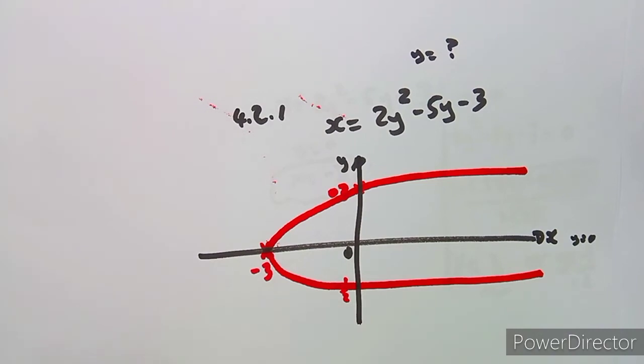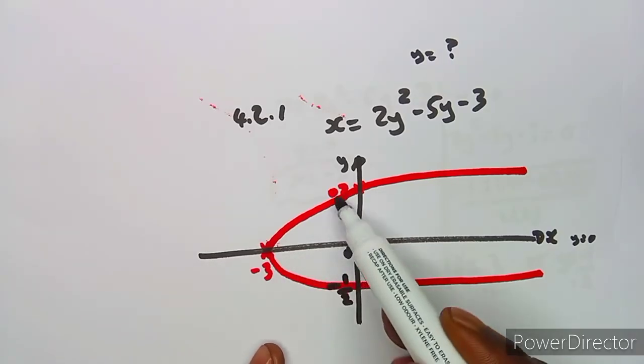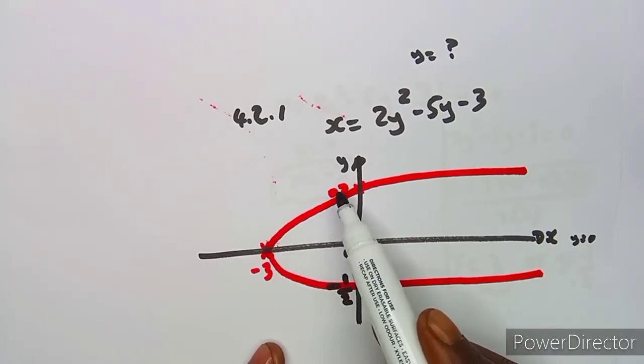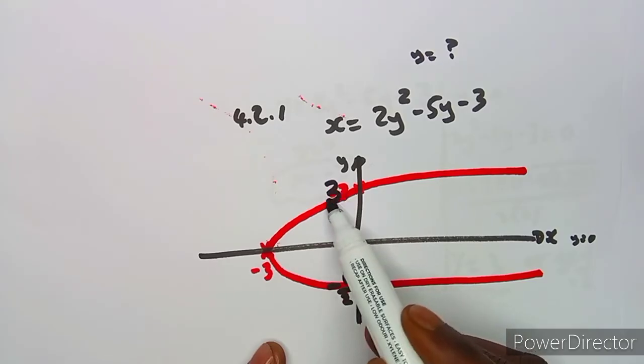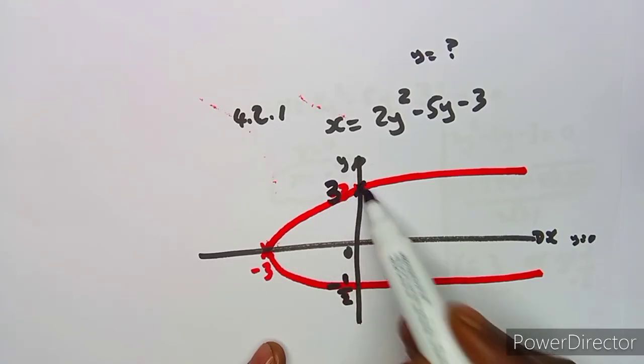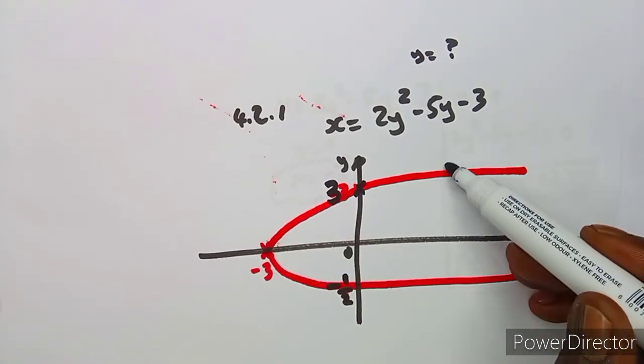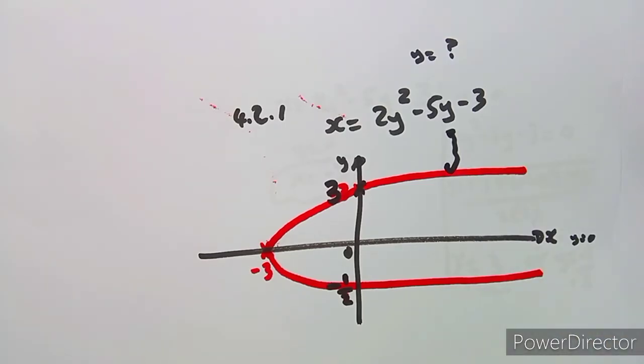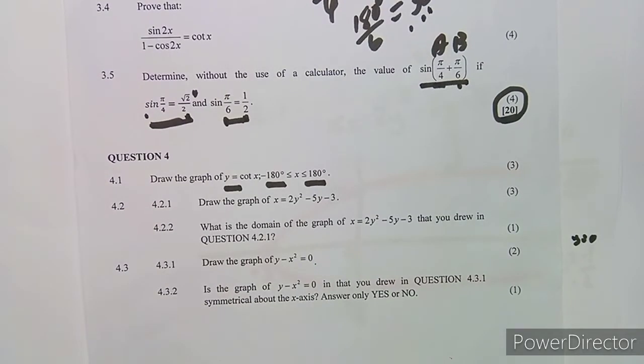Take note, guys, this is -half here, this is -3, and this is positive 3 at this point. That's what this graph is going to look like. As you can see, it's going to be open here for the values of x that we shall have, and so on. You should be having two values. And okay, then what is the domain?